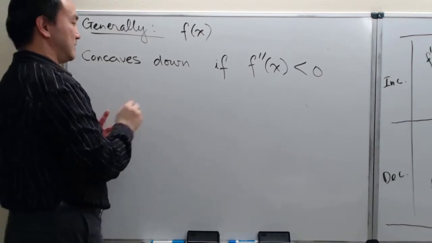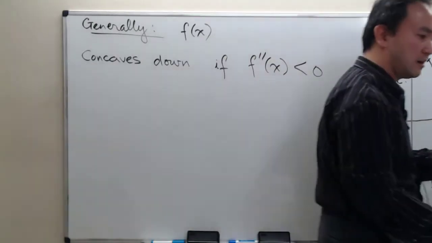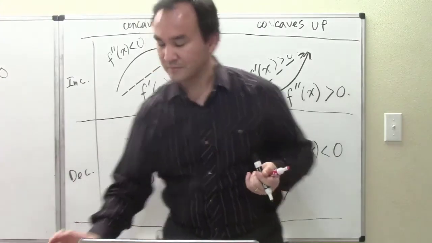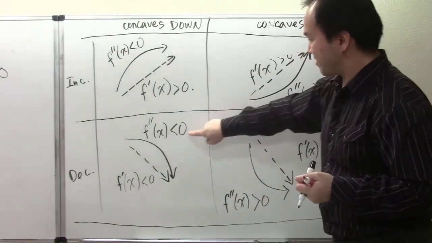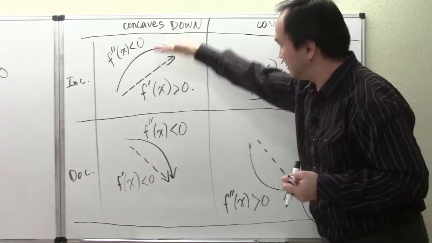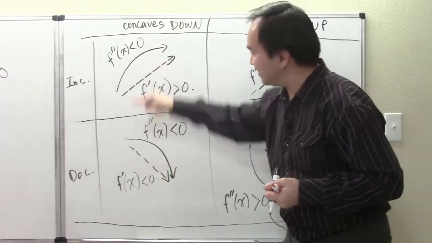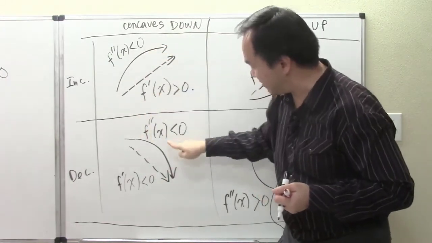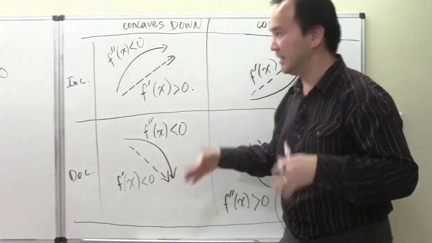So that understanding right here we formulated by looking at this table right here. F double prime is negative. F double prime is negative. Our function concaves down right here. See, bent down. That's where the second derivative is negative.